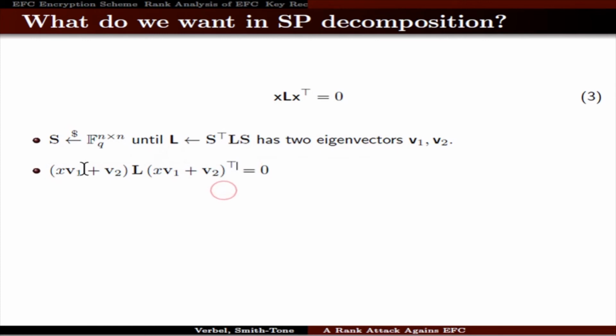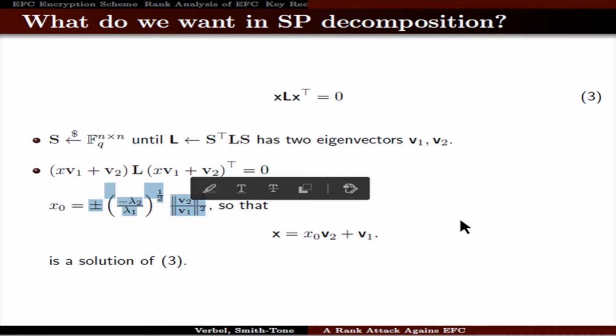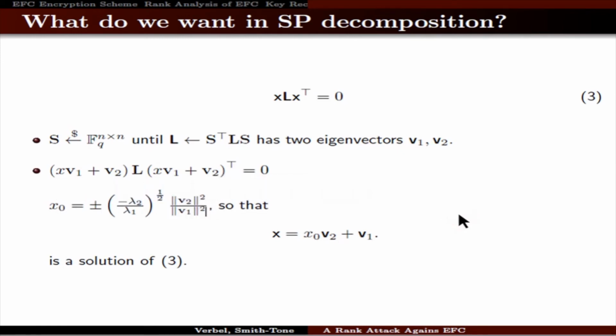Once we find two eigenvectors, we solve this equation over here. That is an equation in only one variable, and we can see that a solution of this equation is given by this formula. And that's it. That's how we find a solution of this equation, and then we build our solution to equation 3.